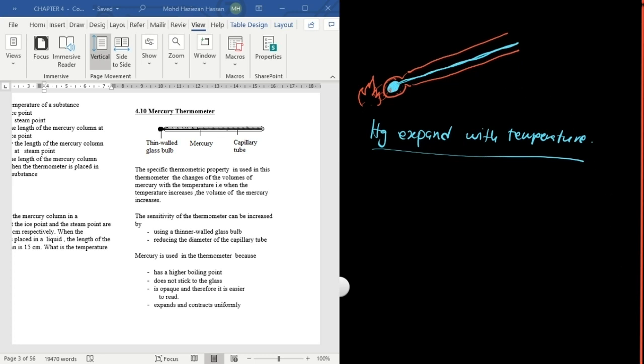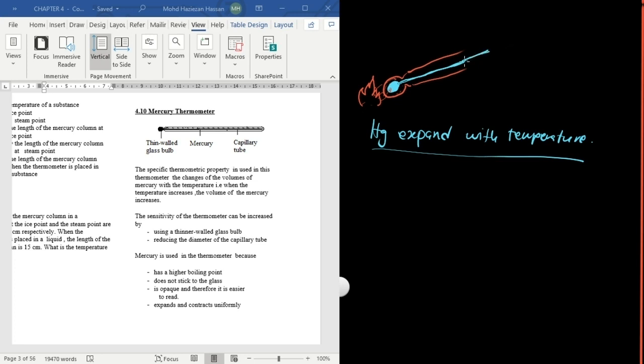Let's say at room temperature, it just stops here. But after we put the thermometer near the hot object, what will happen? It will start to expand, and there is no other way for this mercury to expand except through the capillary tube.